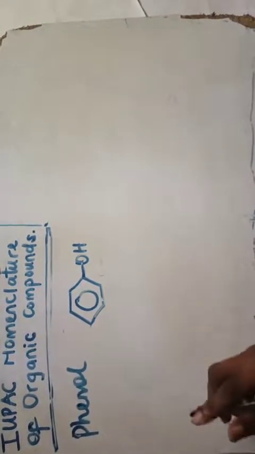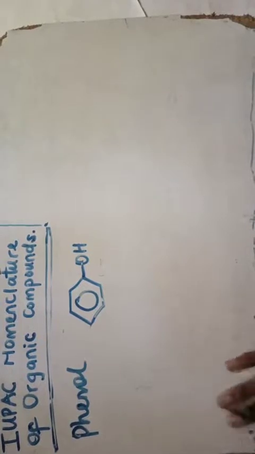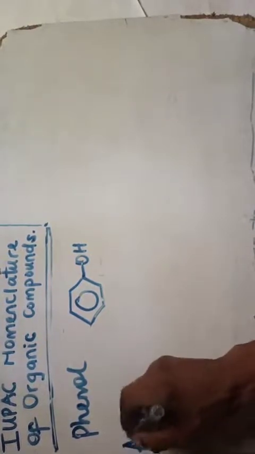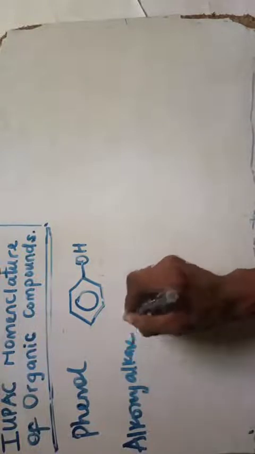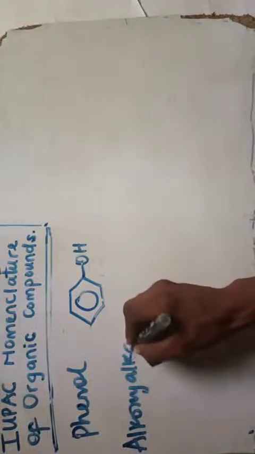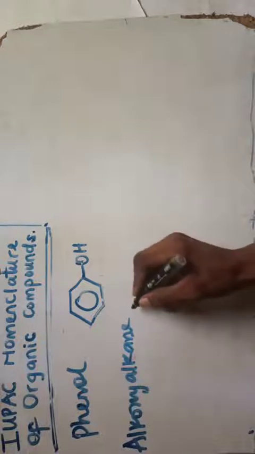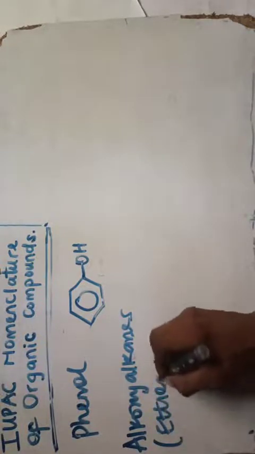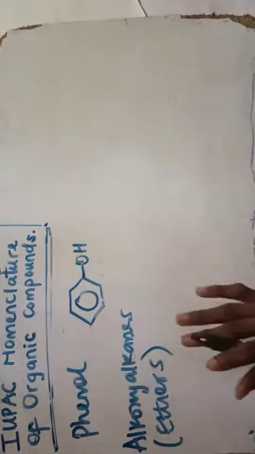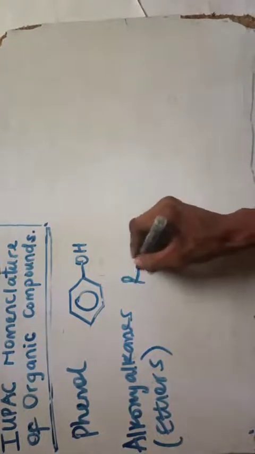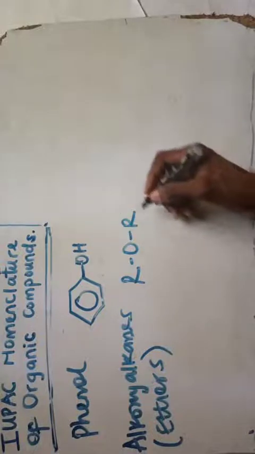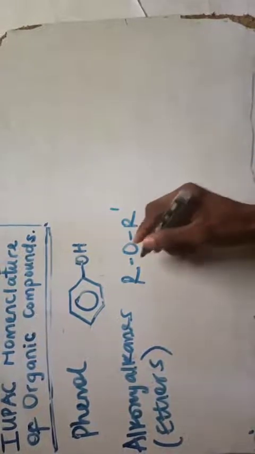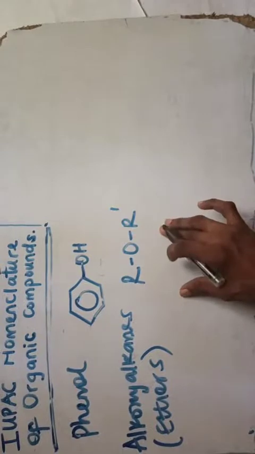So next one we have ether, or alkoxyalkane. Alkoxyalkanes can also be called ether. Here you have it as R, and these are just different branches. It's just a symbol to signify a different branch.